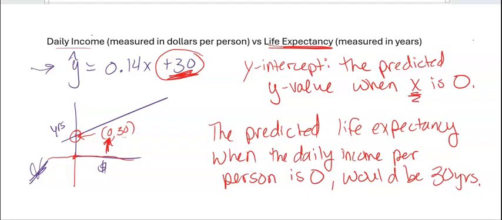Okay, the predicted life expectancy is 30 years when the daily income per person is 0. There we go. I like that a little bit better as a sentence. Again, you might have to rework the phrasing a little bit to make it into a decent sentence, but that's kind of the general idea of what it's showing us.